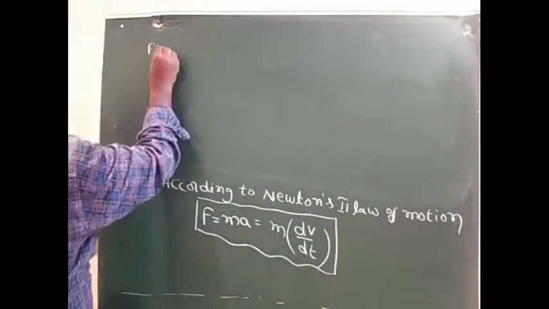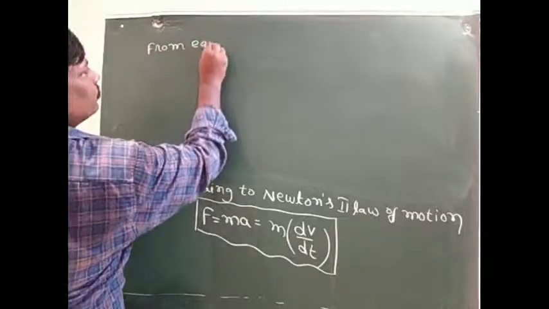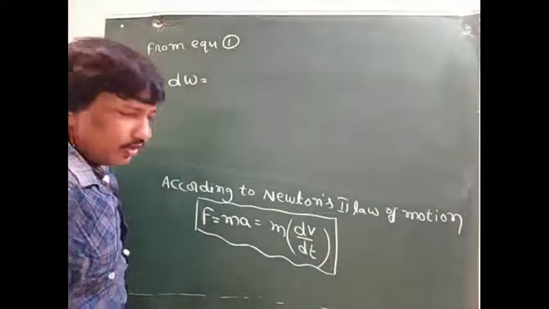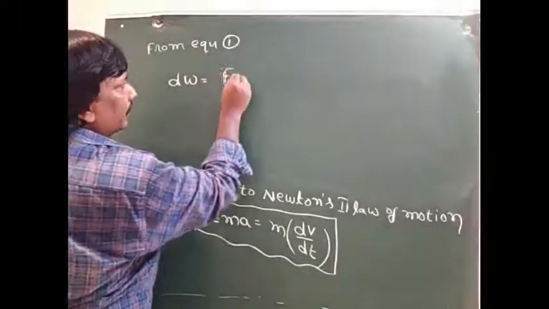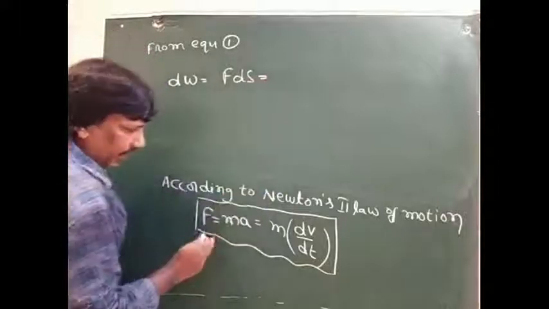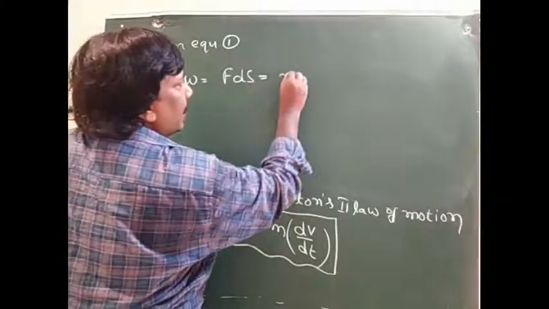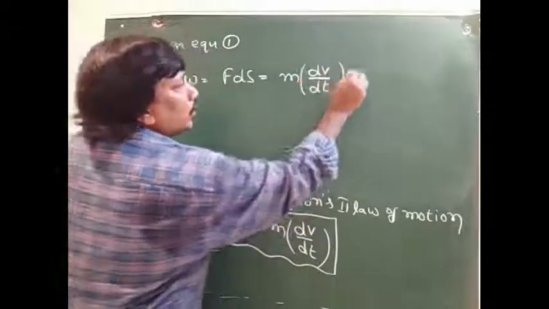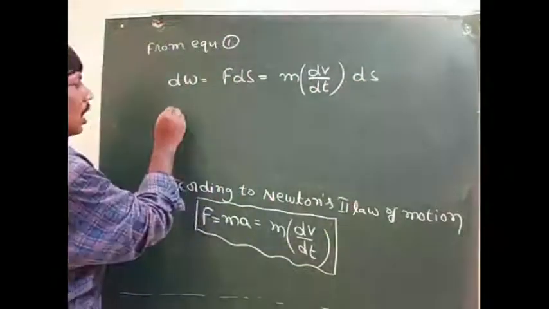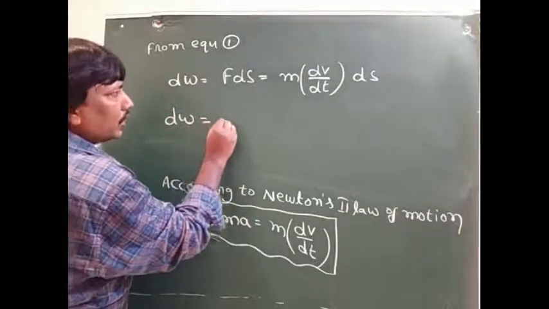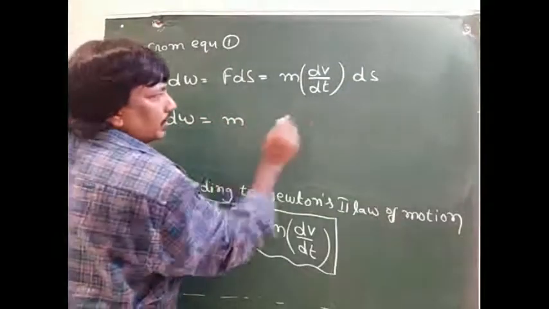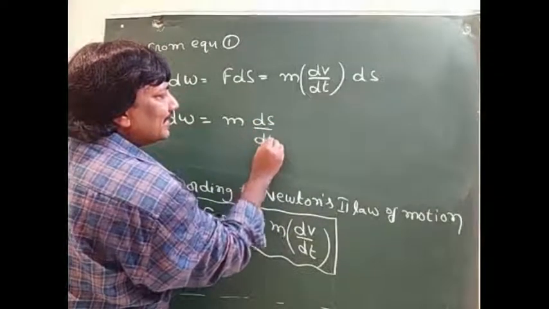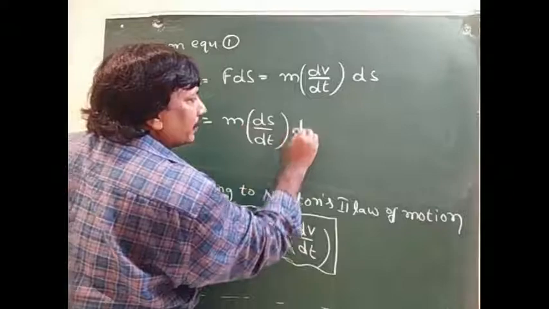From equation 1, the small work done dW is equal to F into ds. Here F means m into dv by dt, into ds. So now dW equals m into ds by dt into dv.